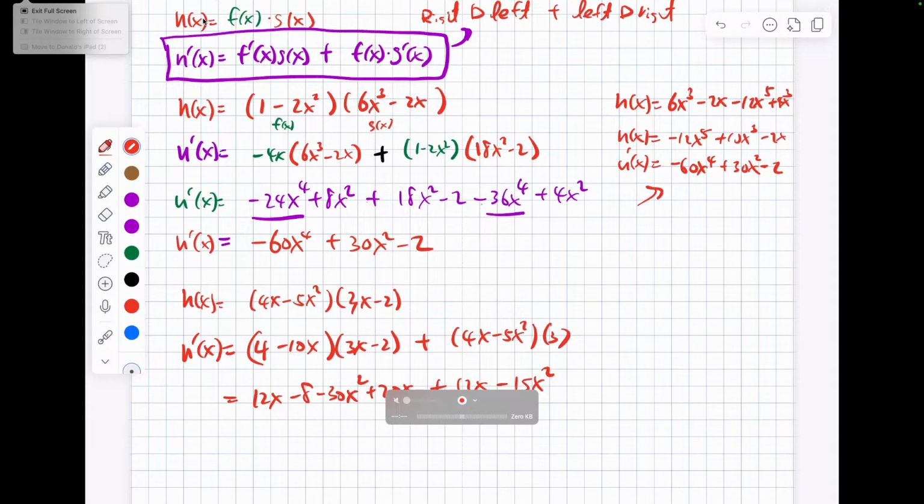This is x first. So 4 times x plus 4 times x. So you got negative 45 plus 4. Is that what you guys get?